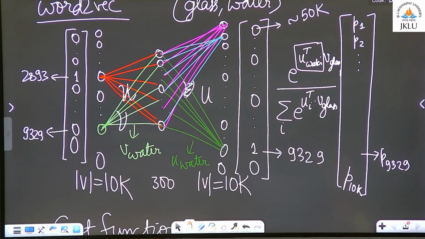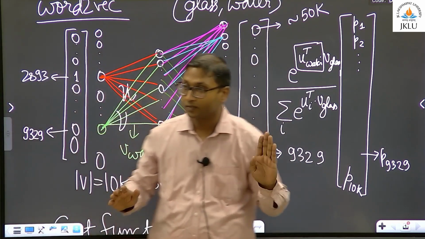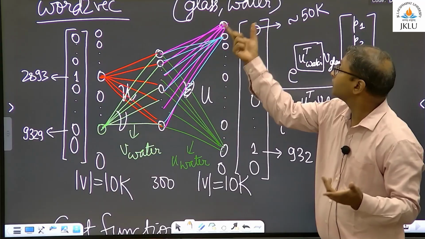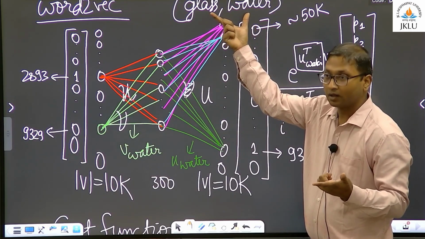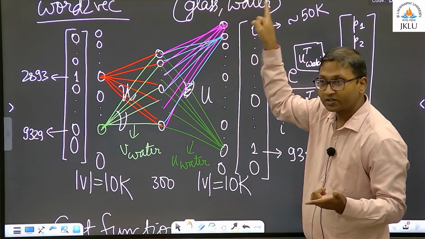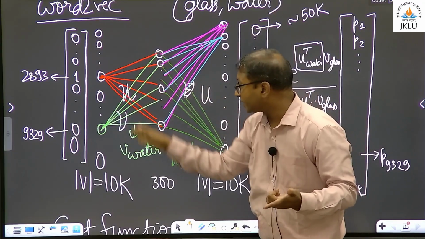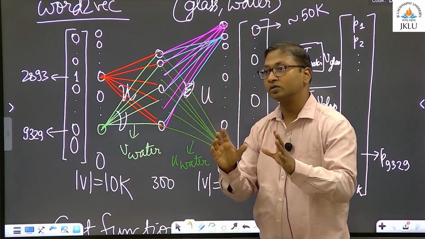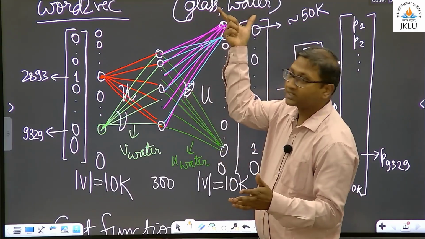You started with random, but once you have trained, let's say, 4 billion examples on it, now you know water comes in the context of glass, right? So these particular numbers are now trained on such examples.